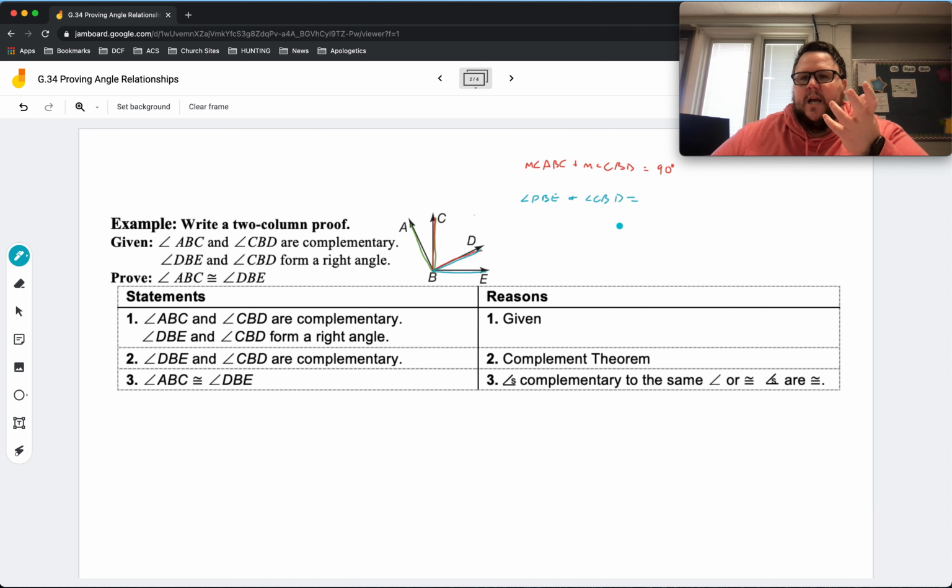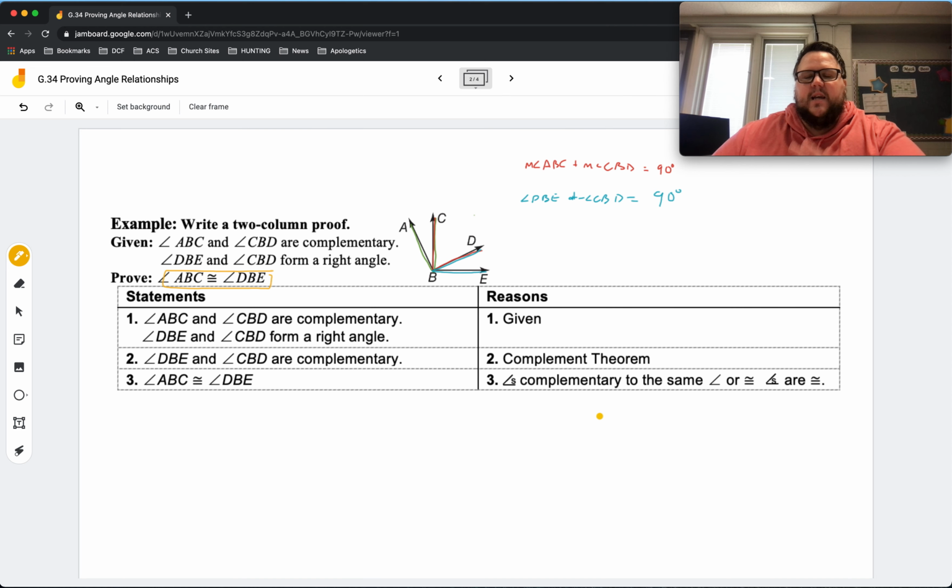So what does that tell me? Right angles, they measure up to 90 degrees. So they're telling me that the measure of angle DBE plus the measure of angle CBD are going to equal 90 degrees. And this is what they want us to prove: angle ABC is congruent to DBE.